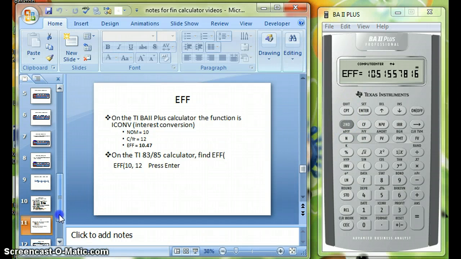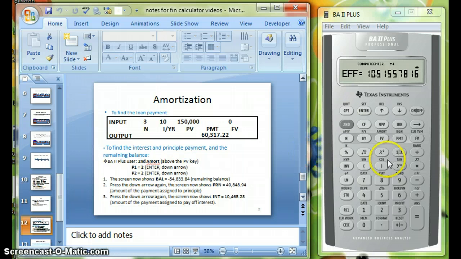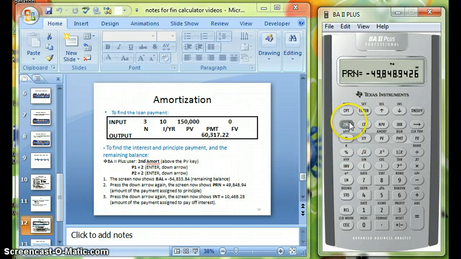The last set of calculation is about amortization, the loan amortizations. What we want to do first is to calculate the amount of the loan payment every time. In this example, let's go back to the time value of money. So we want second quote and second clear time value of money.